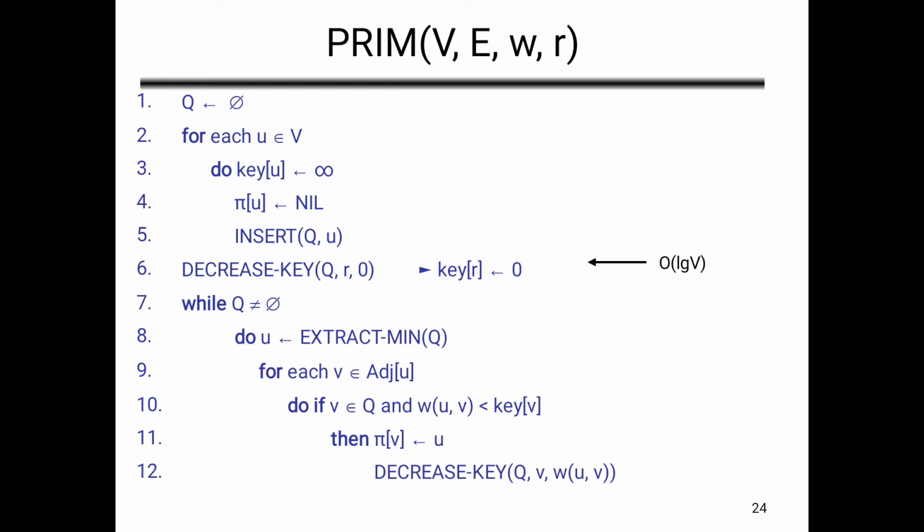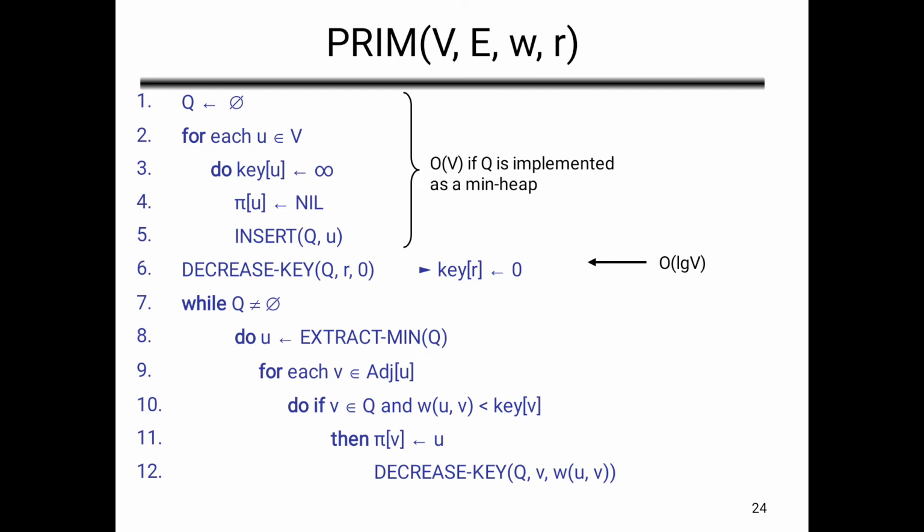Decrease the key value if Q and weight of U, V. If Q is not empty, we have to extract the next minimum edge which is having the minimum cost. We have to select that node and repeat the entire process until we get the minimum cost. But here the condition is no cycle forming. So that is about Prim's algorithm.